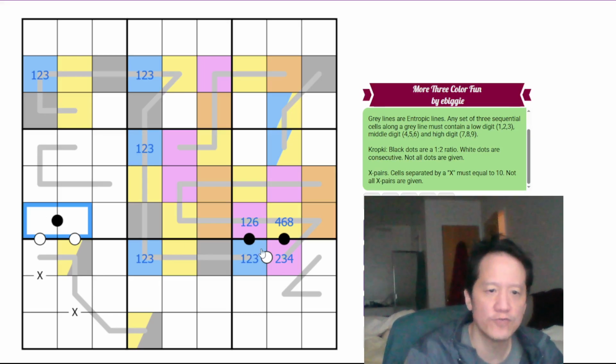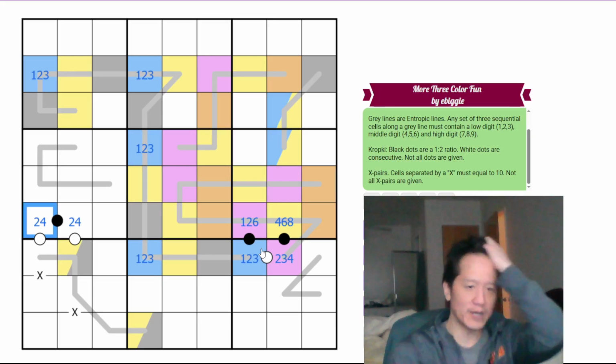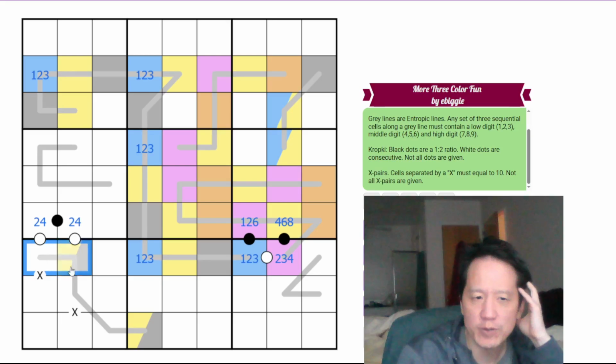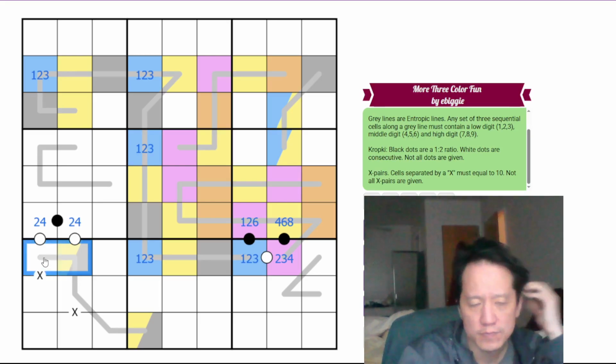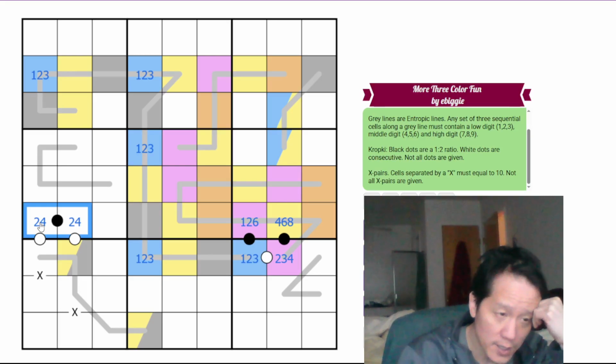What about 2 and 4? If it's 2 and 4, one of them has to be low, but one of them could be middle, right? And it would have to be 1, 3 with 5. So that's possible. If it's 3, 6, it could be middle and high, or low and high.